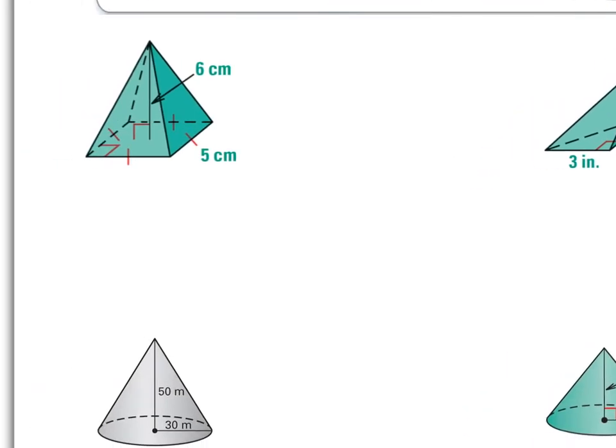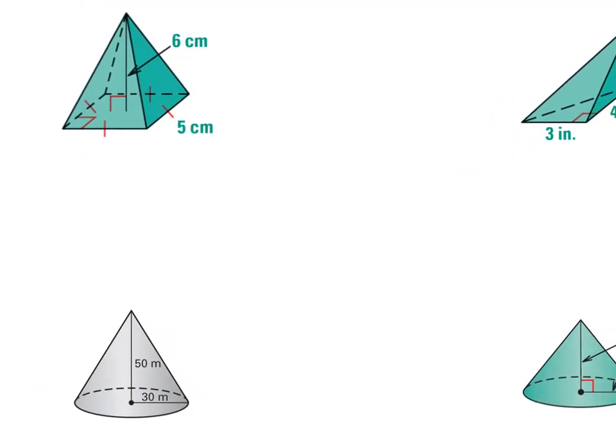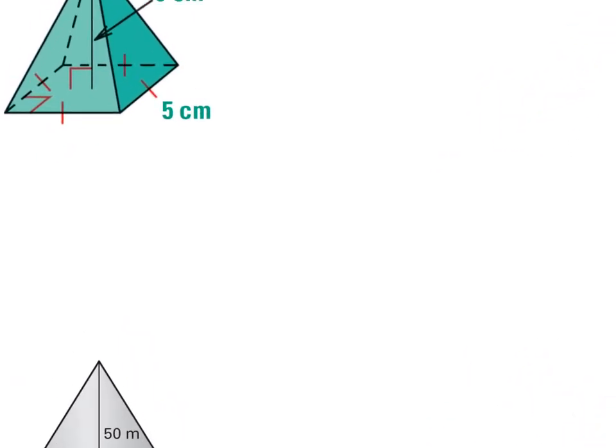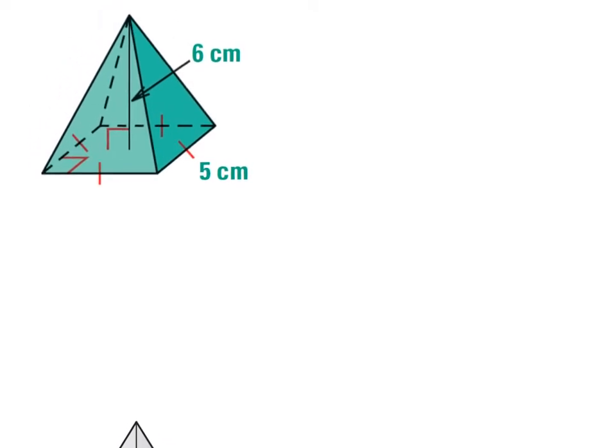Okay, let's take a look at the examples now. Let's start with example number 1. Up here in the top left corner, this is a square pyramid, so volume is going to be base times height of the square times the height of the pyramid divided by 3. If I were to redraw the square, this would be a 5 by 5 square.